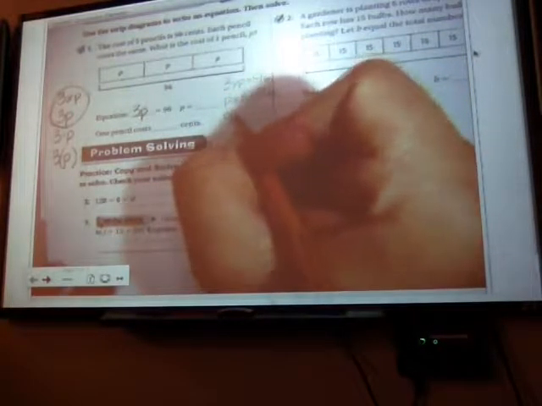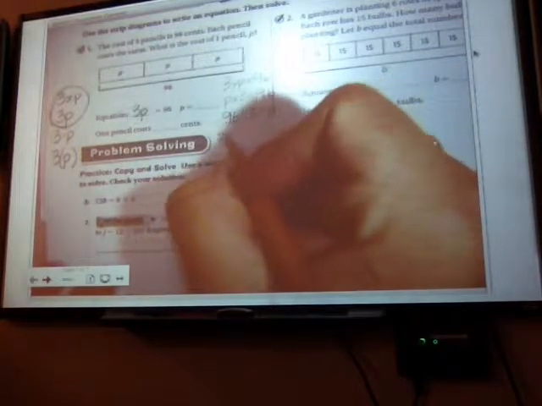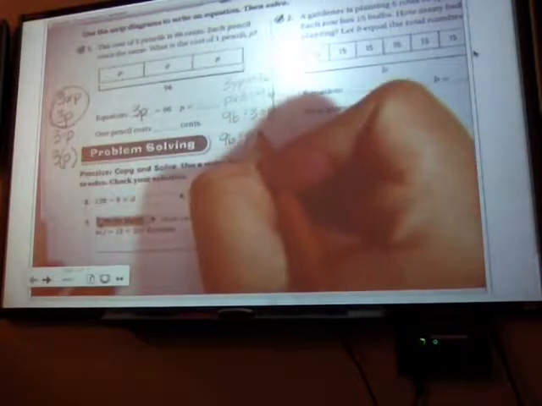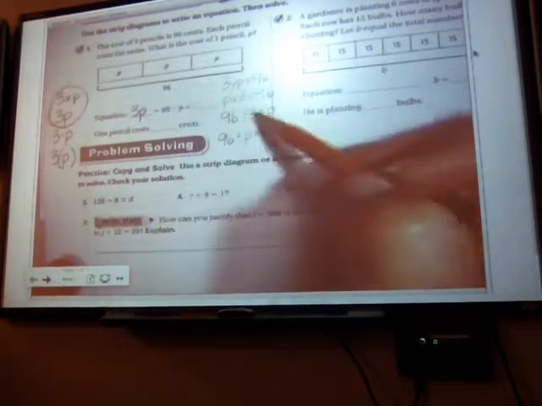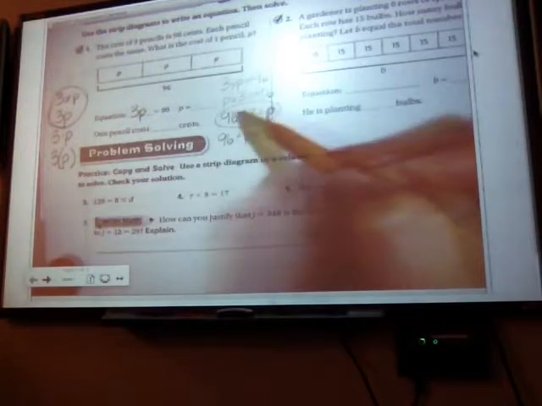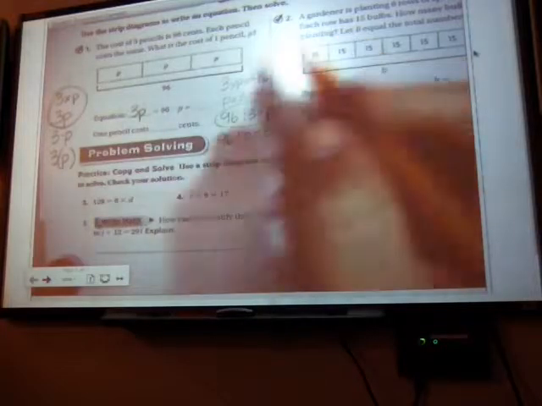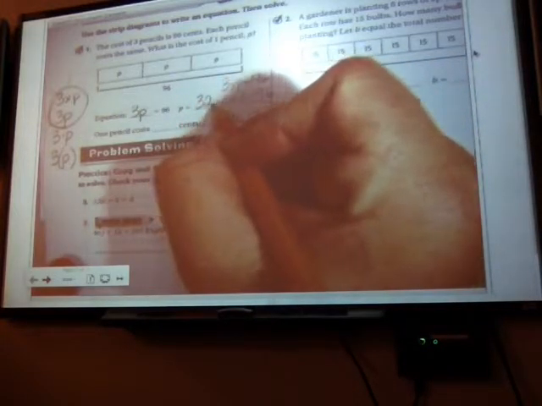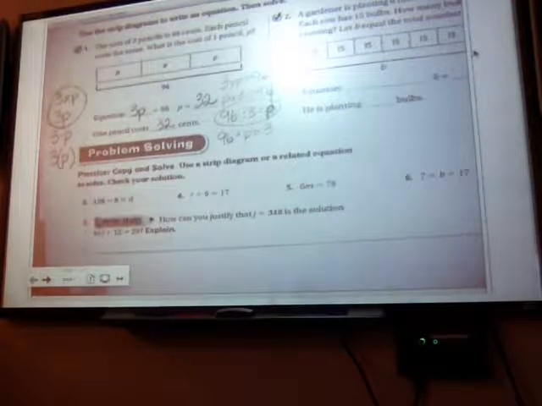Therefore, 96 divided by 3 is what? P. And 96 divided by P is 3. So if I'm looking for my value of P, I would do 96 divided by 3, as Cassie just said, and that is 32. So 1 pencil costs 32 cents.